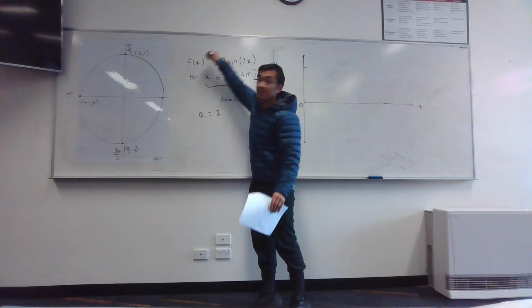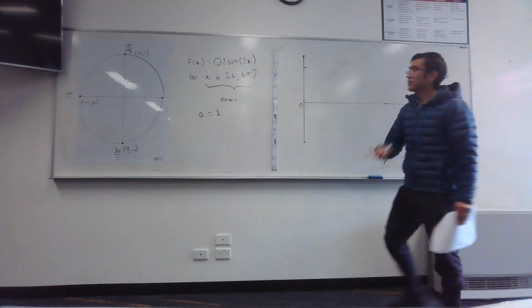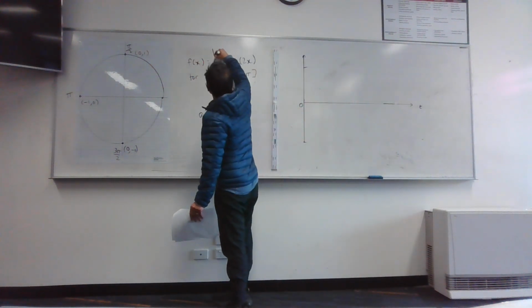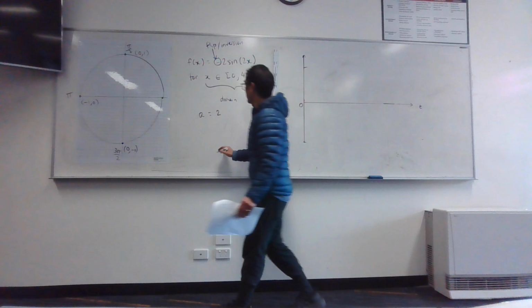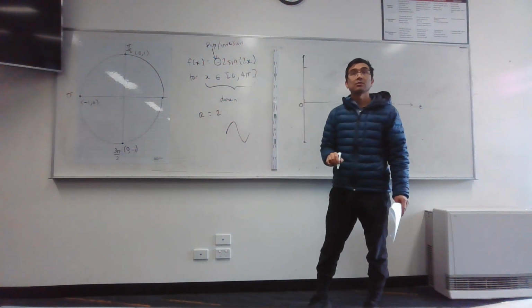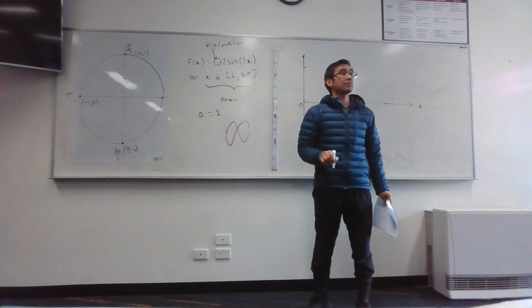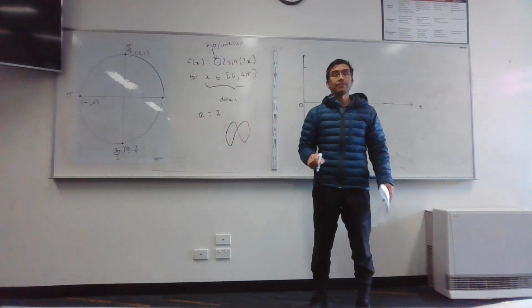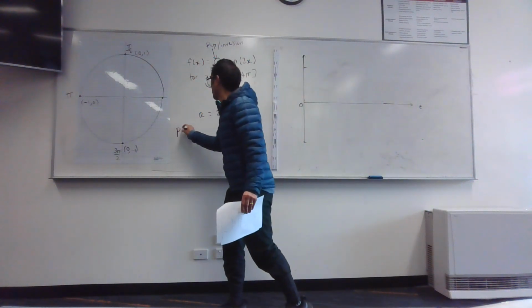Does anyone know what this negative thing does in any sort of graph? Yep, it's a flip. Flip or an invert. Inversion. So if I have this, I'm going to flip it like that. Period. What's the period?